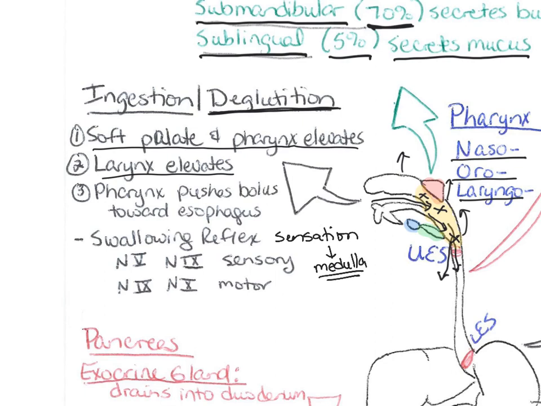It sends that message through cranial nerve 5, which is the trigeminal nerve, and then also cranial nerve 9. They both can send that sensory information to the medulla. Then the medulla gets that information and it signals motor neurons that are going to produce a coordinated pattern of muscle contraction. So the motor commands are going to come through cranial nerve 9 and cranial nerve 10, which is glossopharyngeal and vagus nerve.